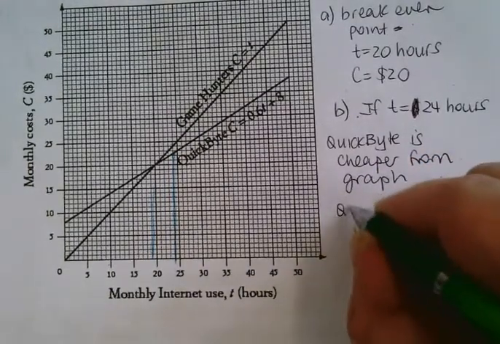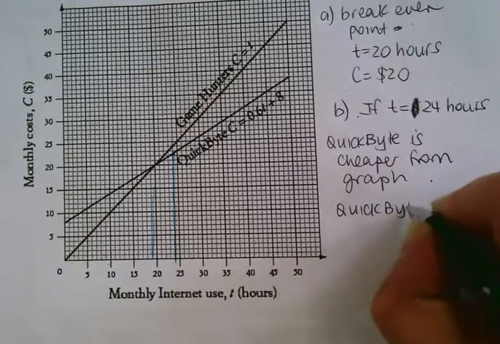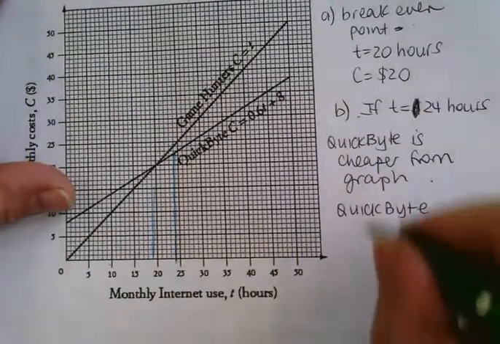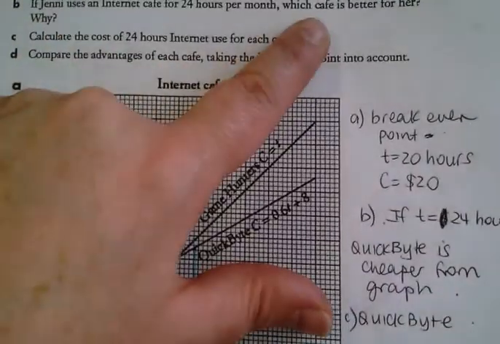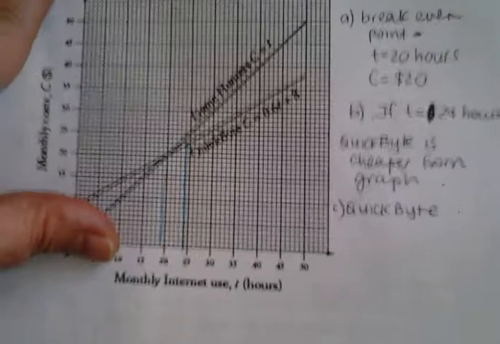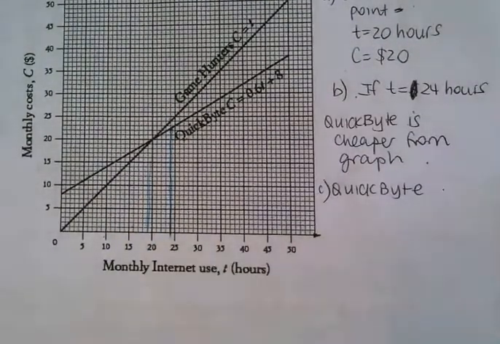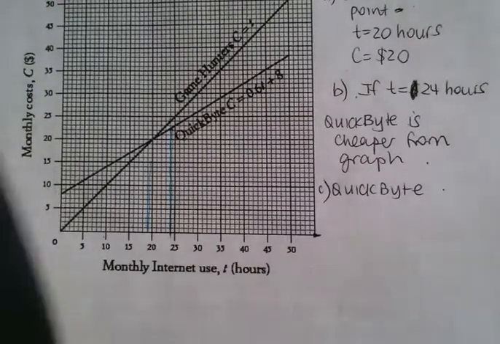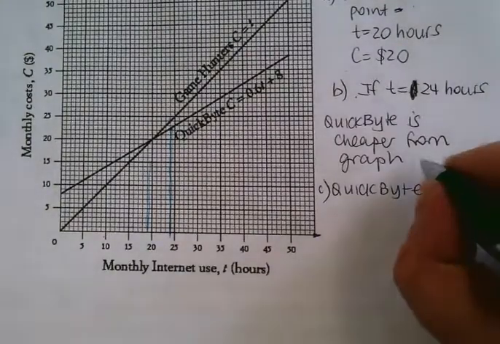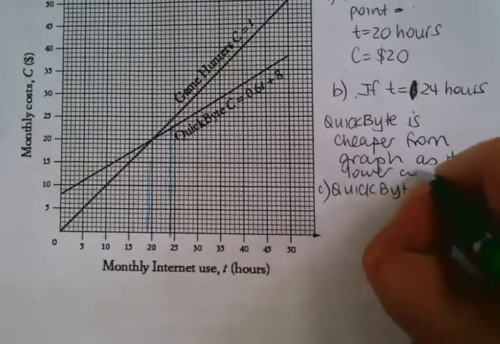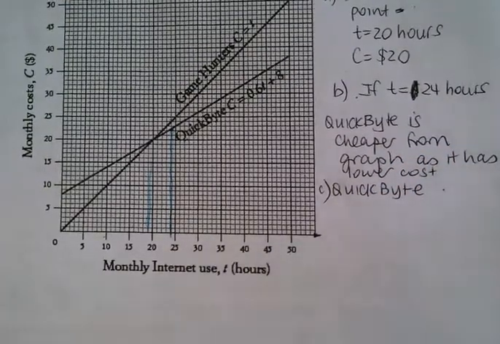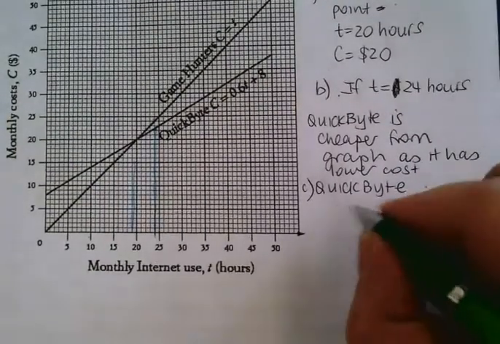And if you want to work it out, for part C, it asks us anyway, which cafe is better? Why is it better? Because it has a lower cost. And then you can use the formula for each.